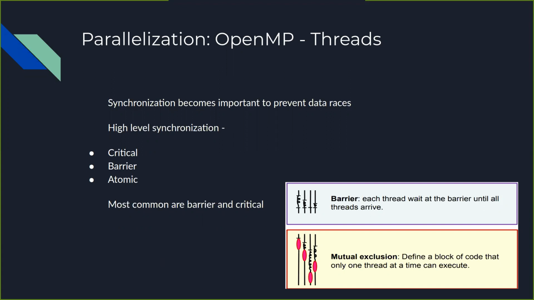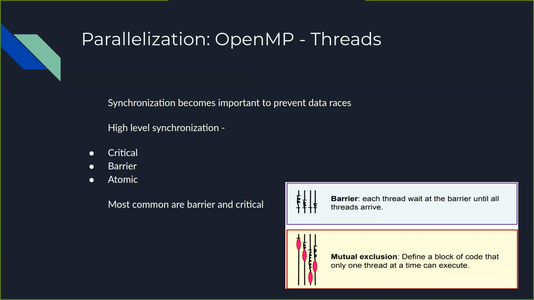All threads complete their computations and wait at a point for each other to complete. And once they are done, the execution will continue further. Mutex, or mutual exclusion, defines a piece of code which can be accessed by a single thread at a particular time. And once that thread is done, another thread will take up the execution of that critical section.